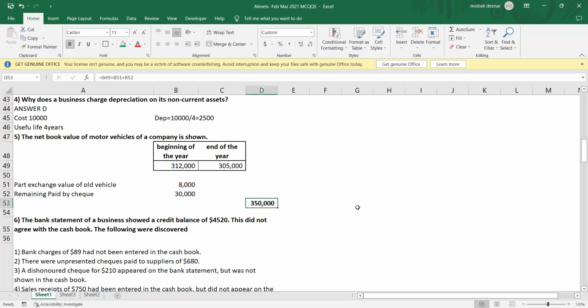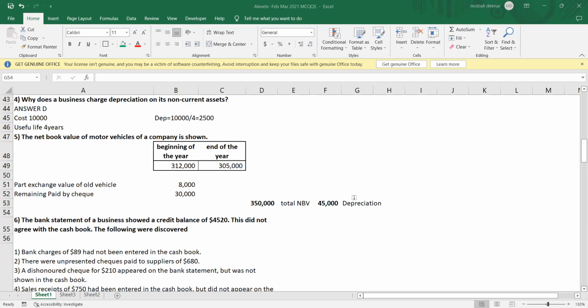Because a vehicle valued at 8,000 was replaced, 8,000 is added, and then the remaining paid by check, 30,000. So 350,000 was the total net book value. And at the year end, it was 305,000. So 45,000 is the depreciation. So the answer is C, 45,000.